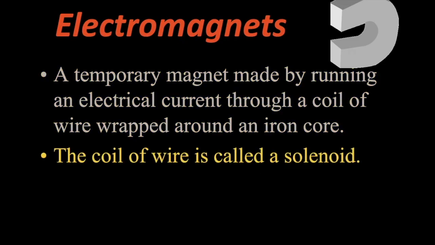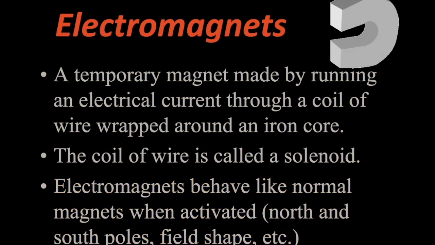And electromagnets: an electromagnet is a temporary magnet made by running an electrical current through a coil of wire wrapped around an iron core. And this coil of wire is called a solenoid. Electromagnets behave like normal magnets when activated: north and south poles, field shape, etc. I'm sure that you guys have done something similar in elementary school where you created your own temporary magnets, and were able to make your magnet actually work for a short amount of time.